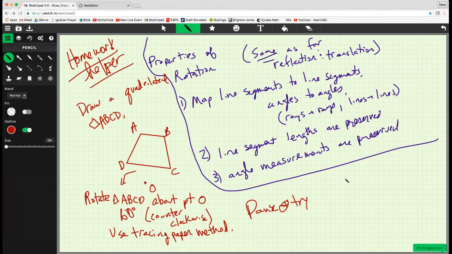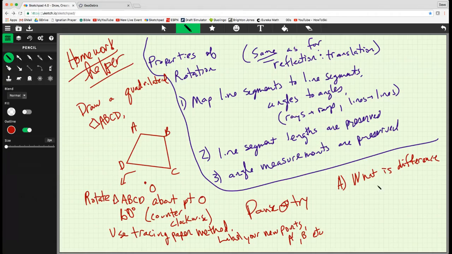And then I'm going to also ask you some questions. When you use the tracing paper, remember to label your new points: A prime, B prime, etc. And question A is, what is the difference in length of segment AB and segment A prime, B prime?